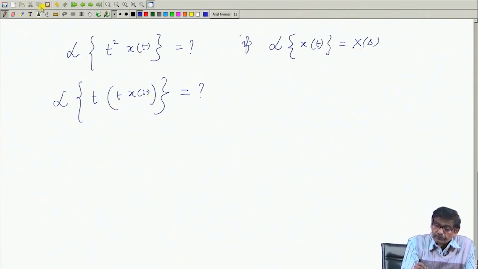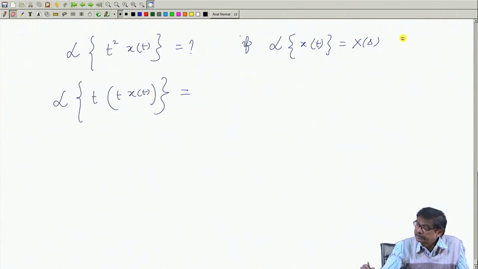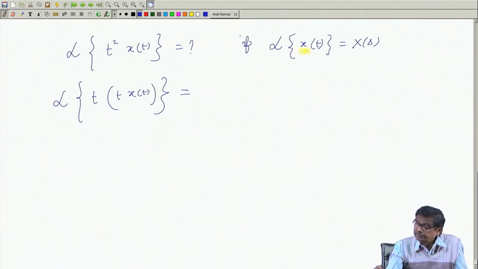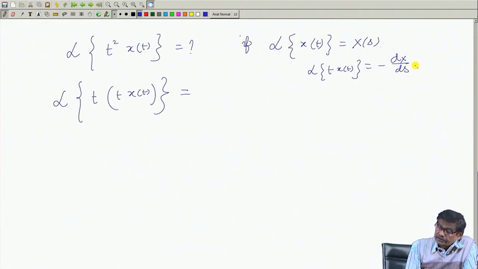This will be equal to, we know from the previous result. What was the previous result? If this is X(s), then the Laplace transform of t x(t) is nothing but minus dX/ds.